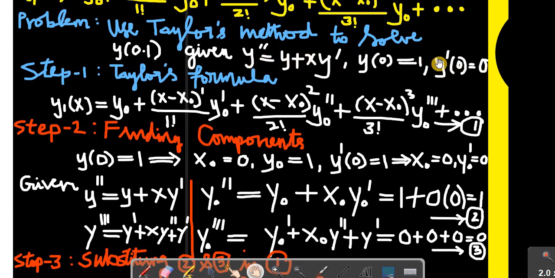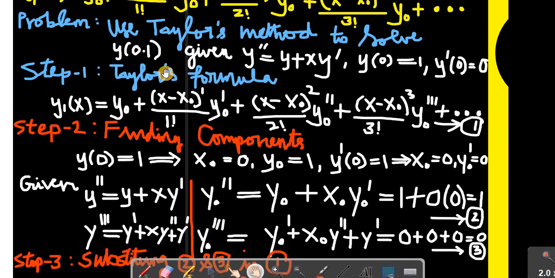What we need to find is the value of y when x equals 0.1. The initial conditions and the ordinary differential equation are given, and our aim is to find the value of y at that point.